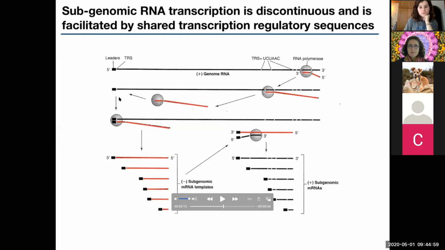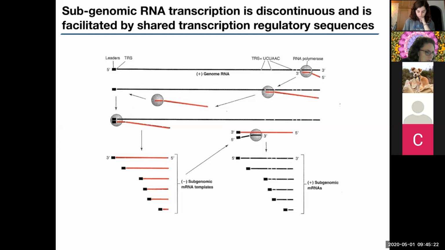Now, how does this happen physically? Remember that the RNA is probably folded up inside the cytoplasm. So even though in this linear version it looks like this is really far away, it could be that in the cytoplasm it's tightly folded, and so it would actually be more proximal.